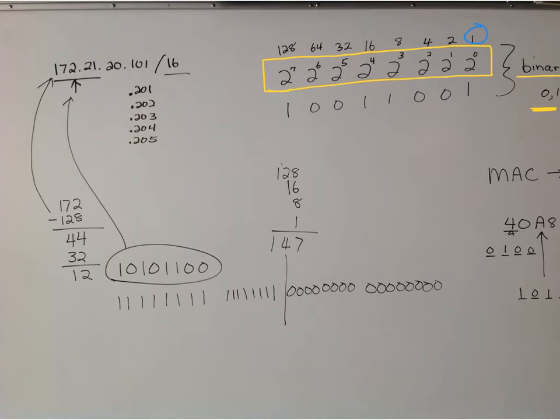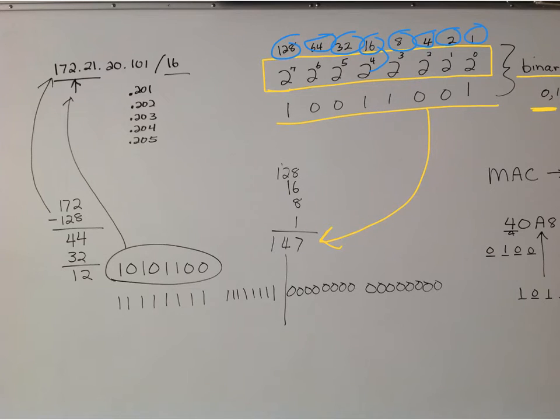So that one's 1, it's 2, 4, 8, 16. 2 to the 4th is 16, 2 to the 5th is 32, 2 to the 6th is 64, 2 to the 7th is 128. So if we want to convert this binary number to a decimal number, this is how we do it.